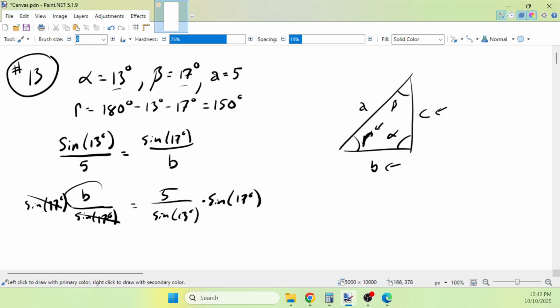That gives me the side that I'm looking for: 5 sine of 17 over sine of 13, which I can calculate.